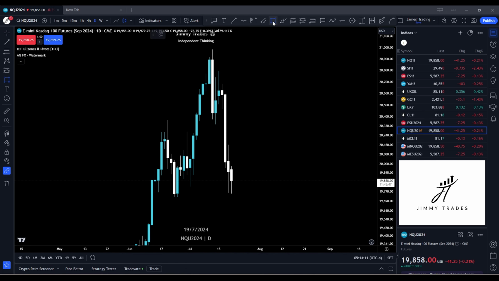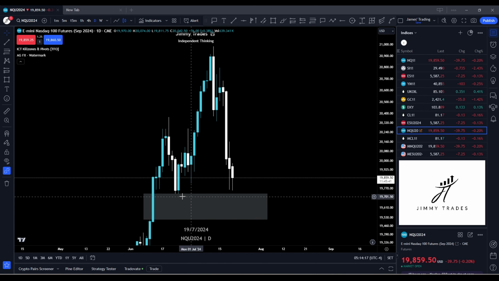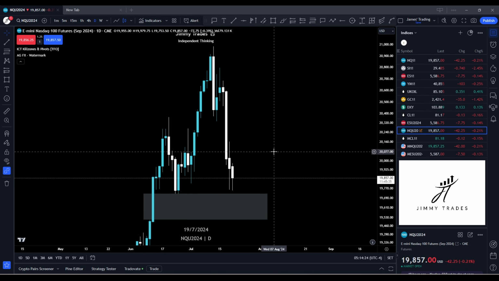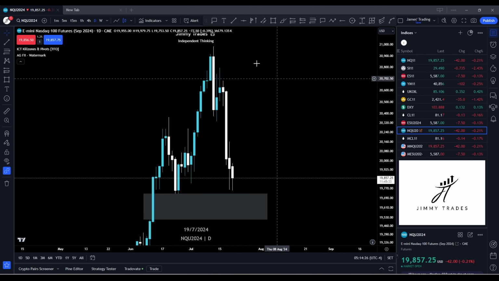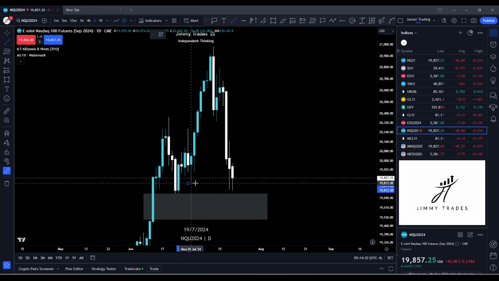So I was actually hoping to see NQ reach lower and take out these equal lows here into this internal. It hasn't done that, so let's work with the most recent information we have. A daily external range liquidity here, swing low.